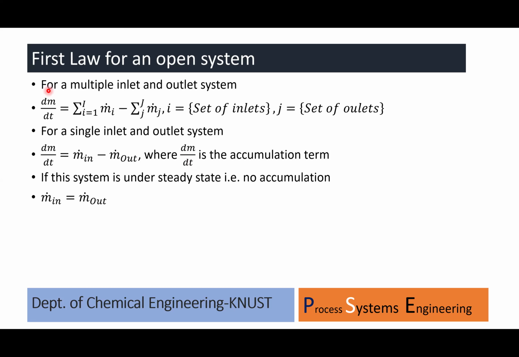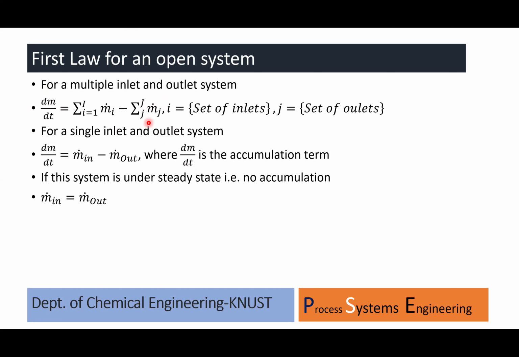What I was saying was that the dM/dt here is representing the accumulation term, right? The accumulation of mass in the system with respect to time. So how much the mass of the system is going to change will determine how much mass has accumulated in the system with time. And then this first term here is representing all the inlet streams we can have. And this is representing all the outlets we can have.